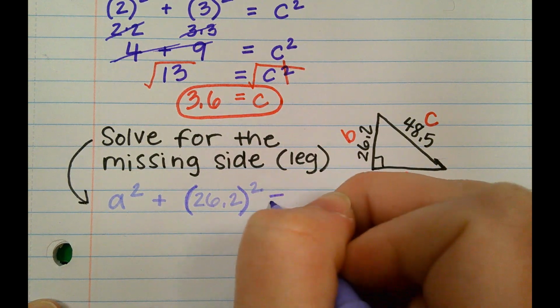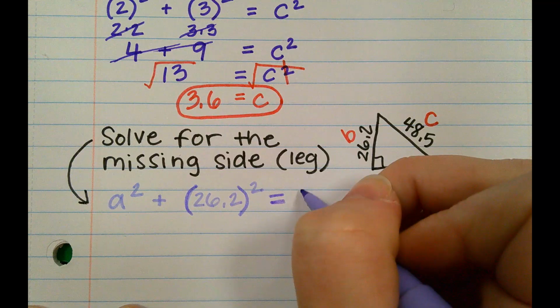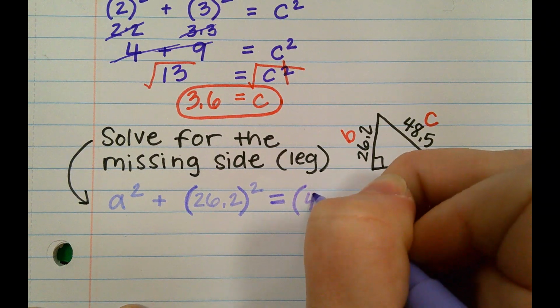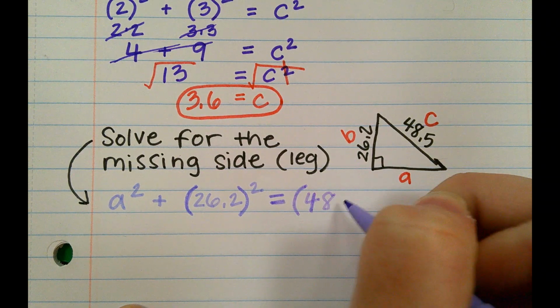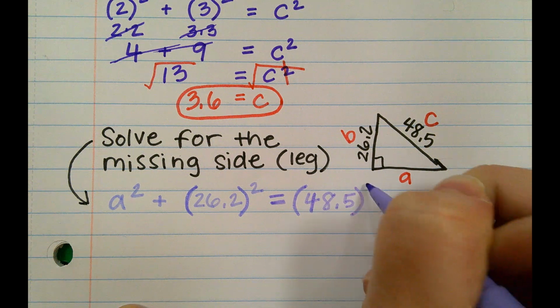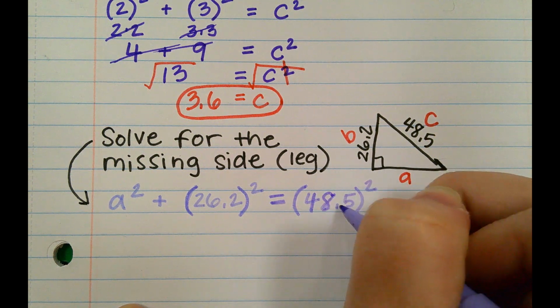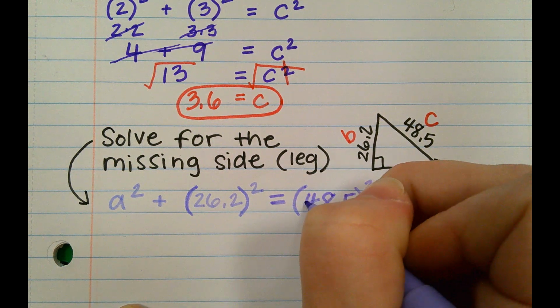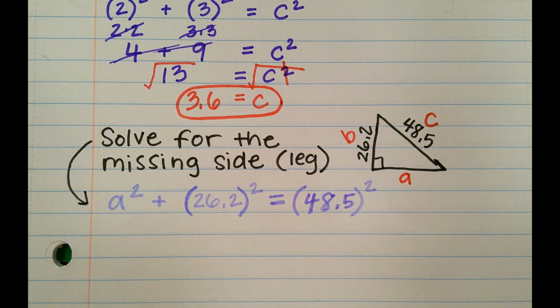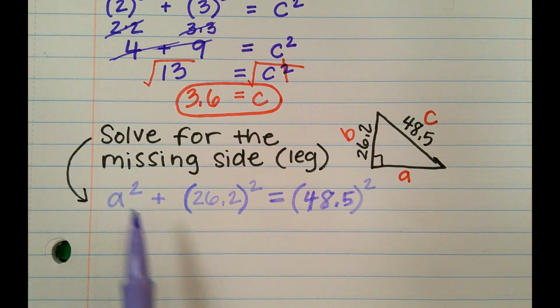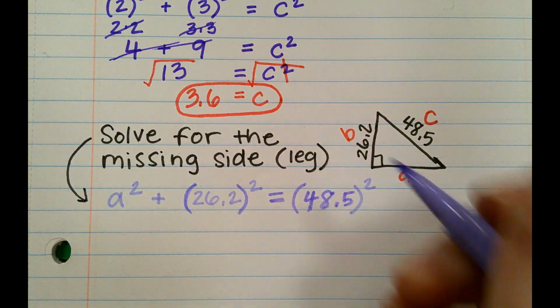Perfect. So we have 48.5 squared, or C squared. So I have A squared plus 26.2 squared equals 48.5 squared.